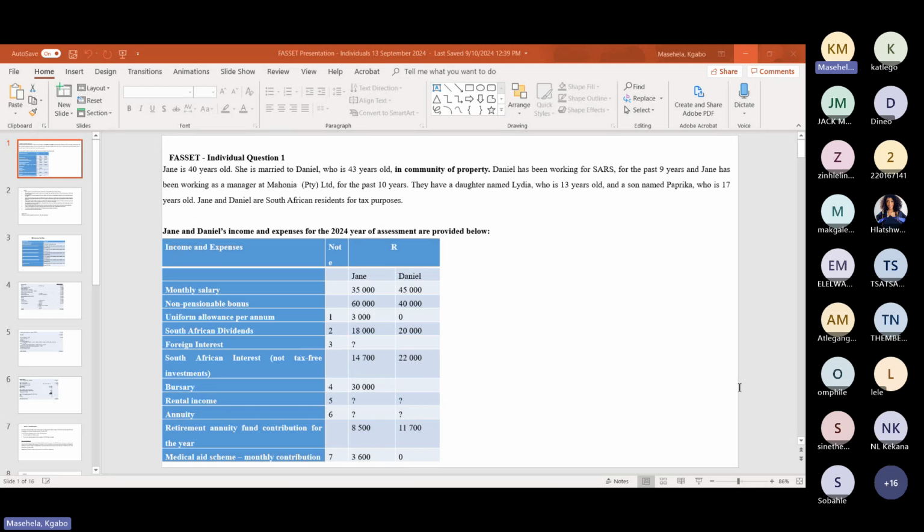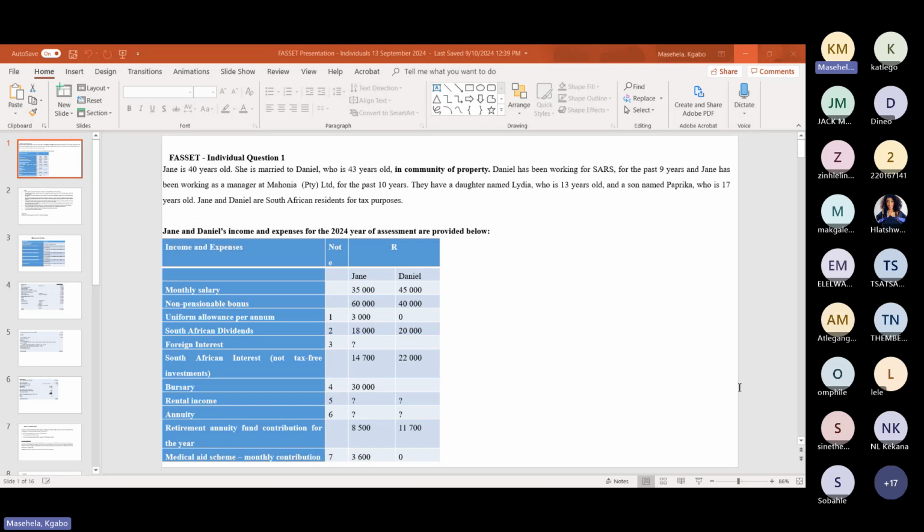If there's any medical, then you need to take that into account before you come to the tax payable or the tax liability. Please, guys, don't confuse the two, because in test one, we've seen it. Some of you got it wrong because you didn't follow the correct structure, even though your answers are right, but the structure is not followed.